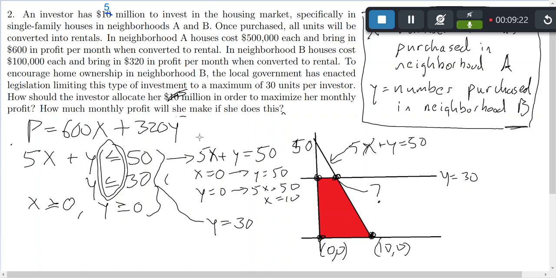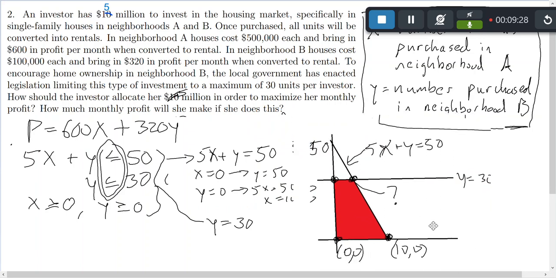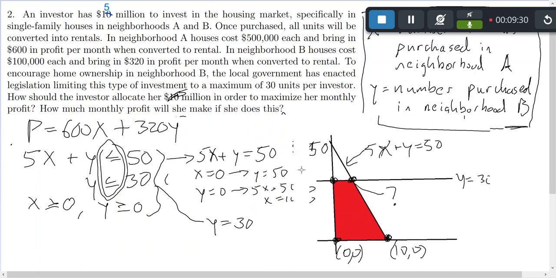Let me scoot this over. So this point here, the y coordinate is 30 because this is y equals 30, but the x coordinate is 0.